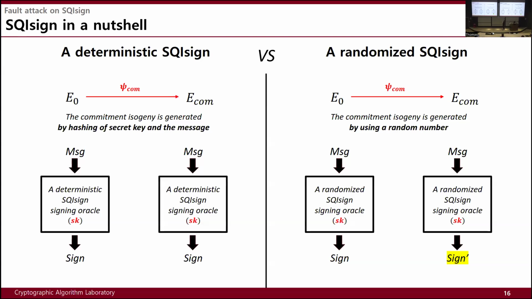On the other hand, for the randomized SQISign, the commitment isogeny is generated using a random number, which means when we query the oracle several times, it outputs different signatures each time.